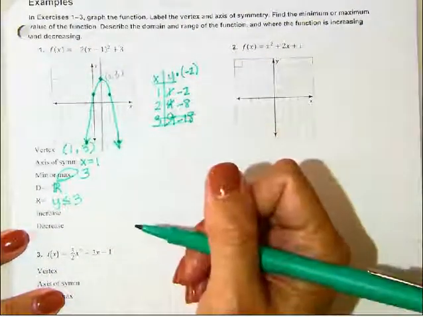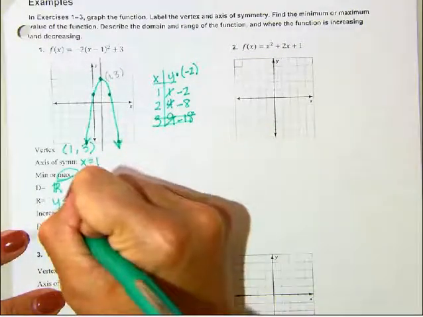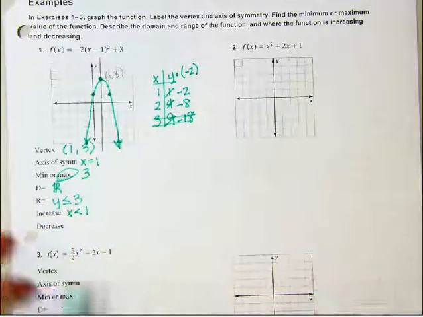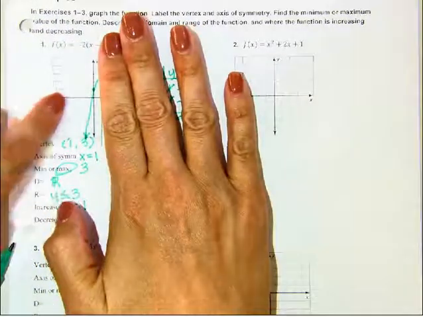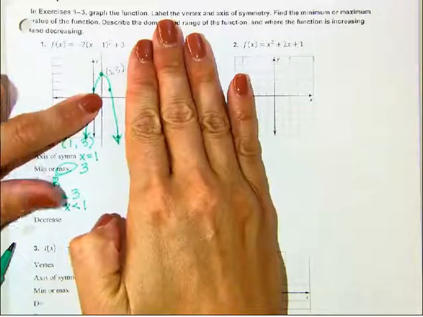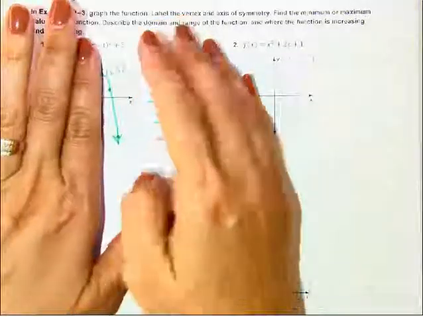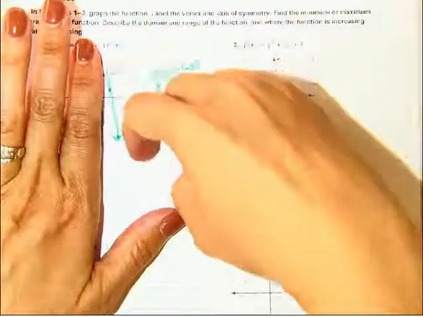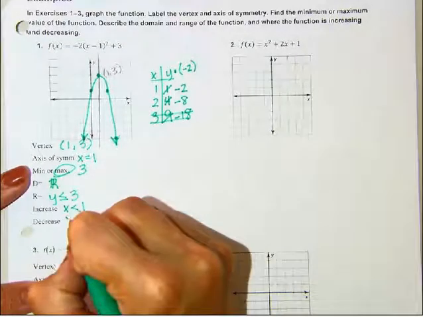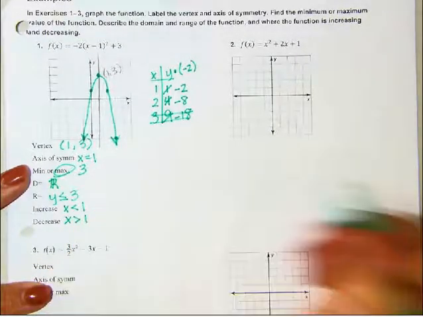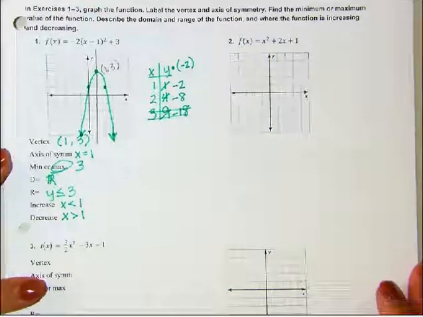So it's increasing when x is less than 1, because then it hits my axis, which is at 1. And then after 1, it's going down, so it's decreasing. So when x is greater than 1 is where it's decreasing.